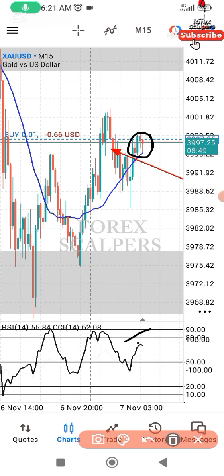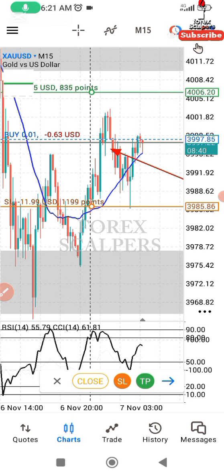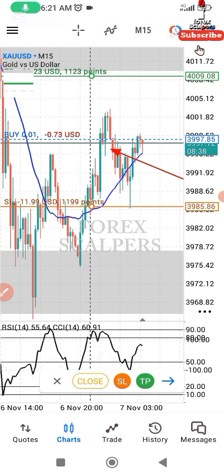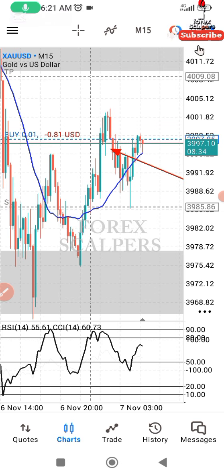So that is my buy entry, and I will have my stop loss at this low. Then I have my take profit close to this resistance zone. Remember, I've said that earlier. So that's how simple I will do it. And then I'll allow price to do its own thing.